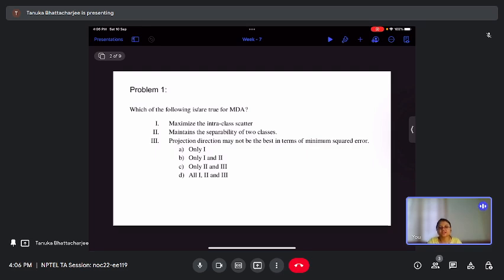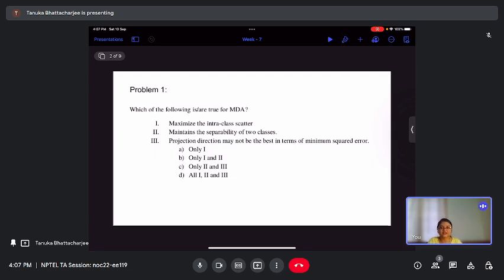In case of a two class problem, the between class scatter will be much higher. So the separability is much more, whereas the intra-class variation is minimized. We try to find such a direction along which the projected data has more inter-class difference but very less intra-class difference. So that is the direction of MDA.